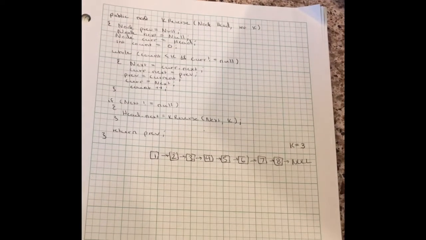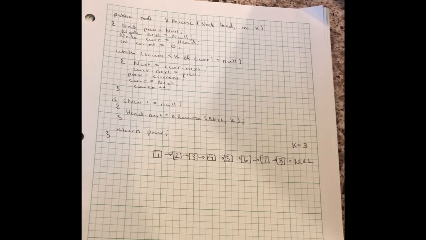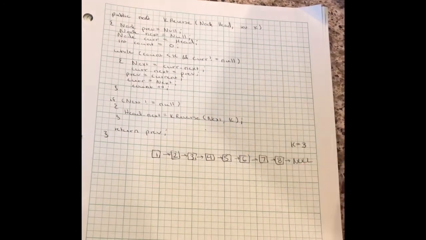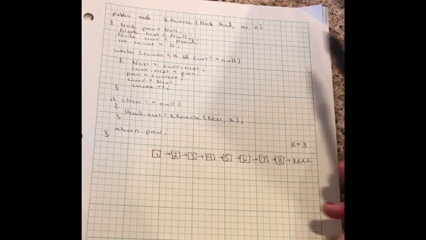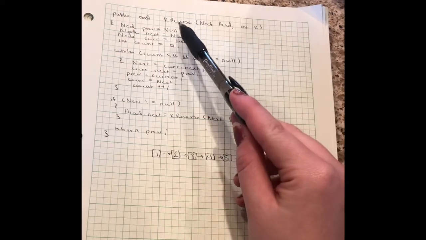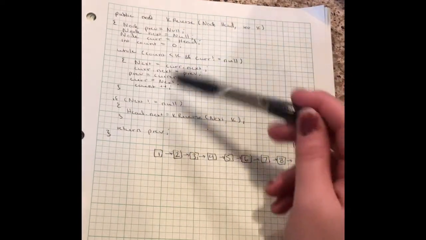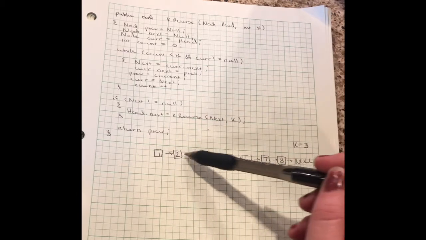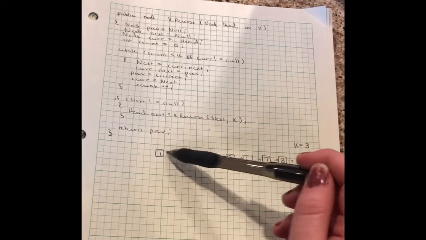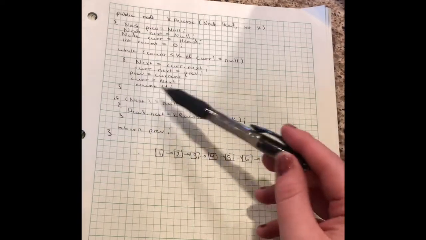Okay, so here's the code for the solution, and the logic for this algorithm is we're going to be using a recursive function, and we'll be having 3 pointers, previous, next, and current, and we're going to be using these to reverse the direction that the linked list is going in groups of k.